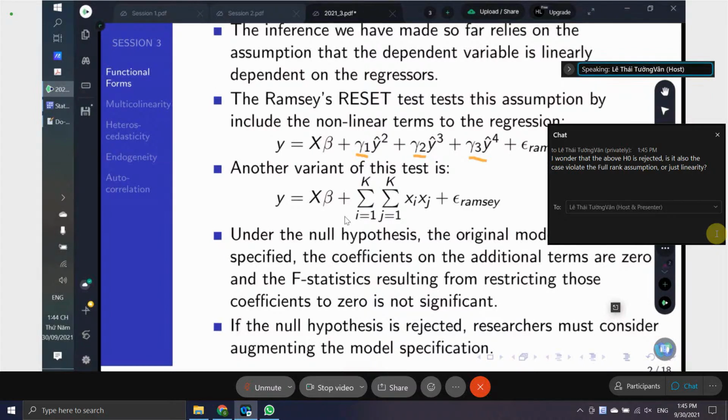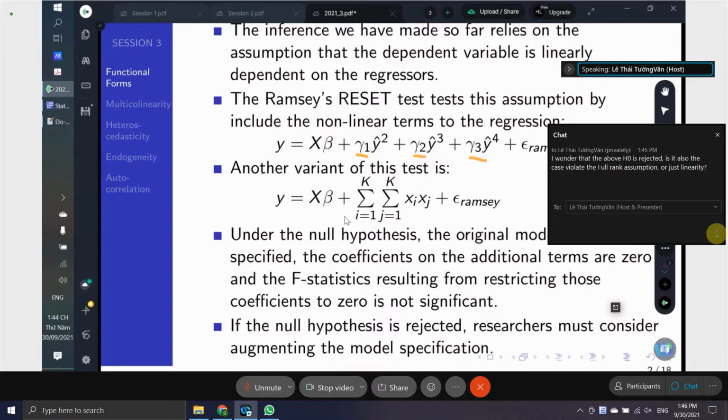When you want to check if your model is correctly specified, that is, you doubt that you have missed out some nonlinear terms or some other variables that make it nonlinear, then you will create 3 new variables, which are the square, the cube, and the power fourth of the dependent variable.